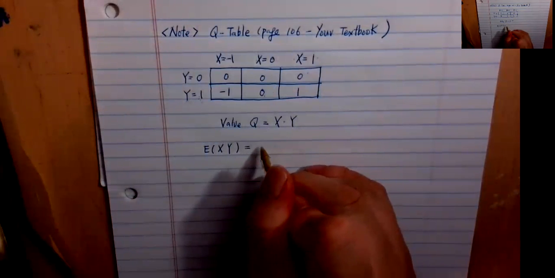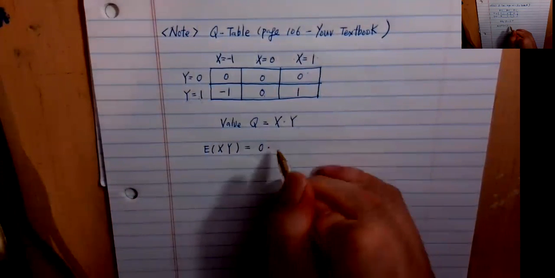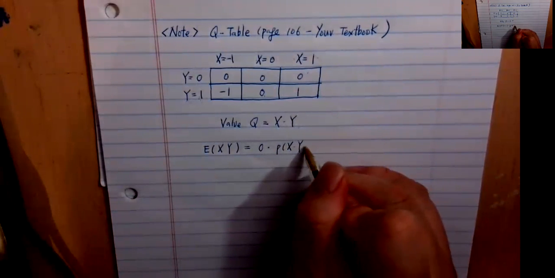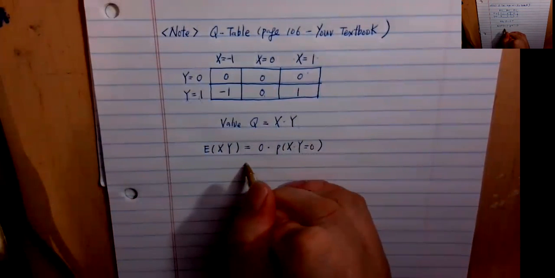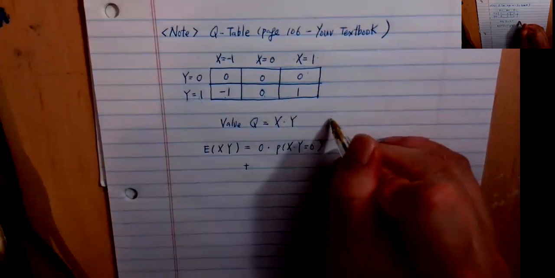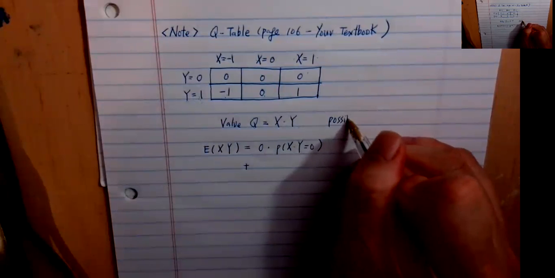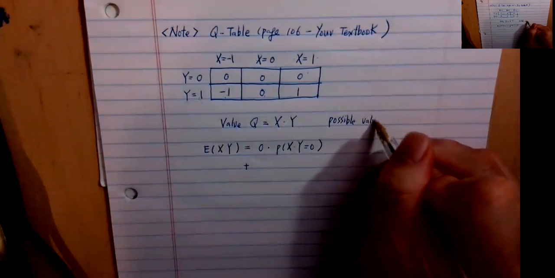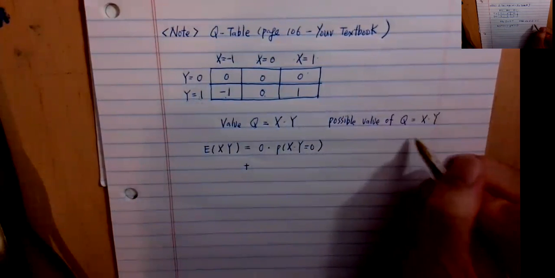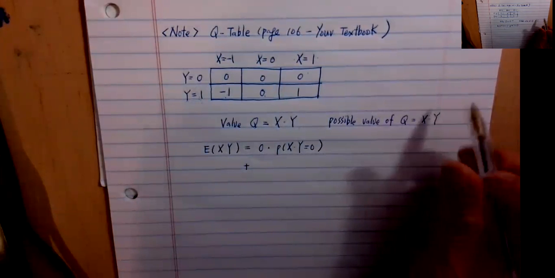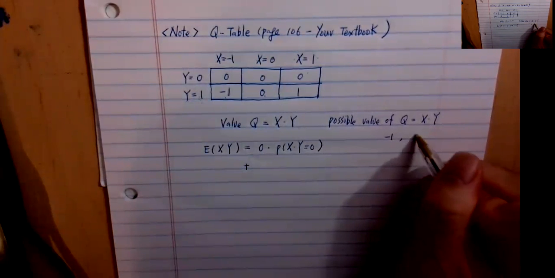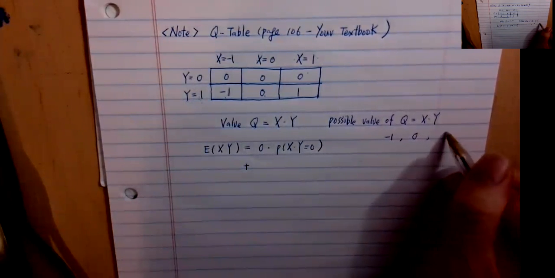So that is 0 times the probability that X times Y equals 0, and then plus... The possible values of Q, which is X times Y, can only be -1, 0, and 1.